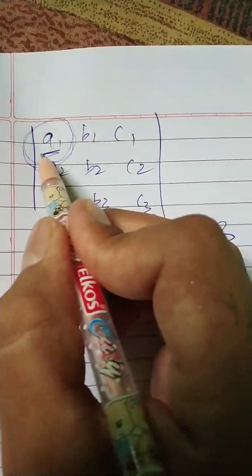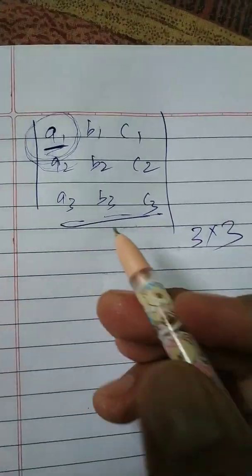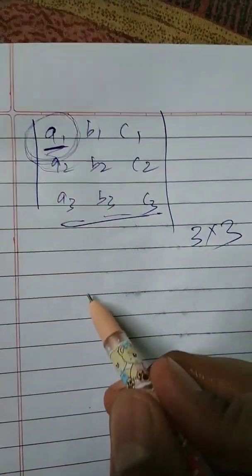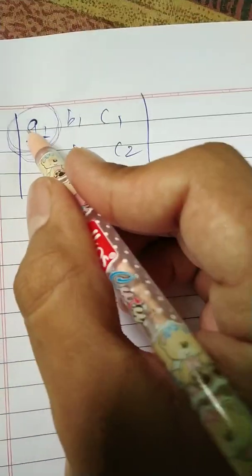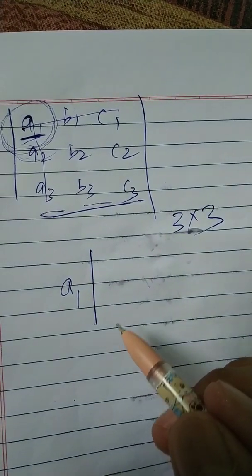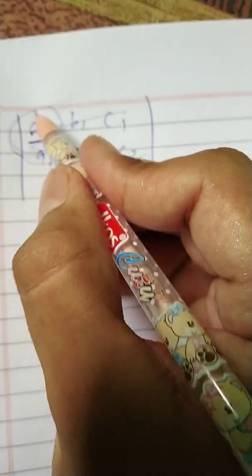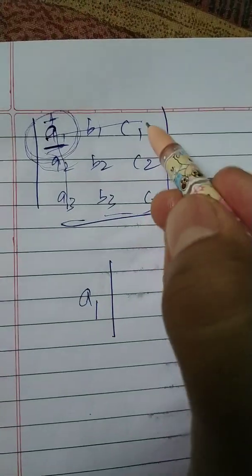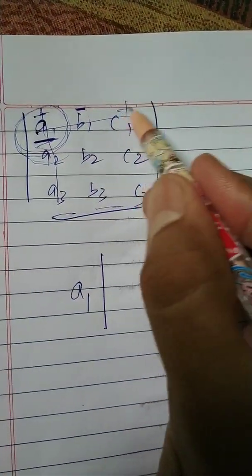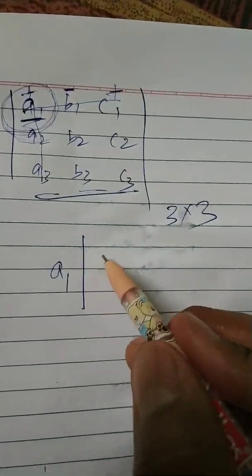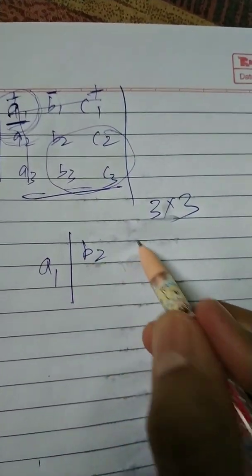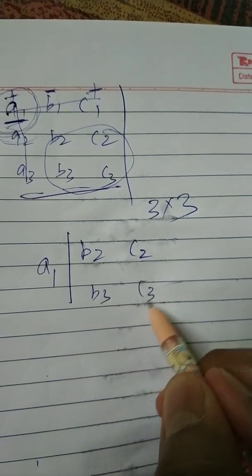Now look here, what is the determinant of this element A1? It is A1 times, and you just delete this row and this particular column. We also know this is positive, this is negative, and this is positive according to the rule. Now if you cross this, what is remaining? B2 C2, B3 C3.